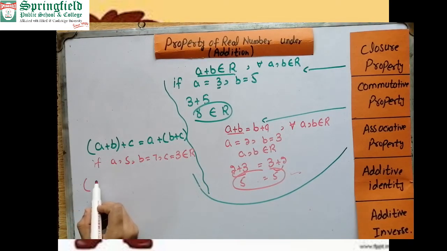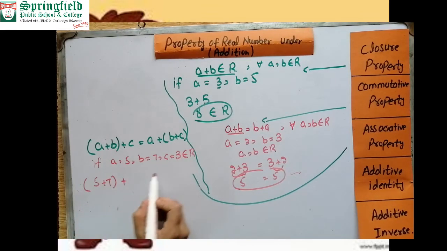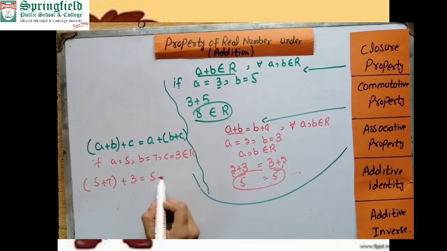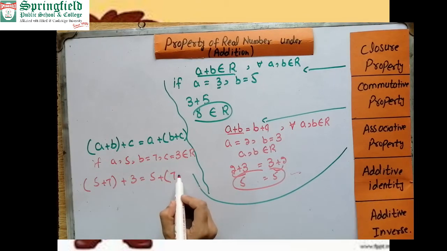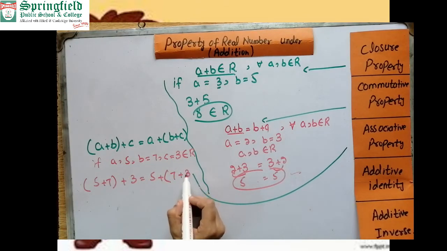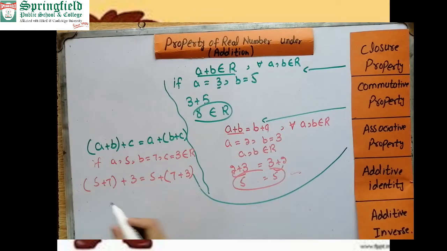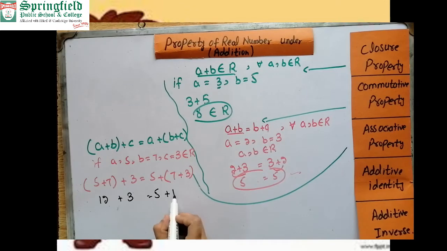Now put the values: (5 plus 7) plus 3 is equal to 5 plus (7 plus 3). First we will solve the brackets. 5 plus 7 is 12, plus 3 is 15. And 7 plus 3 is 10, and 5 plus 10 is 15.